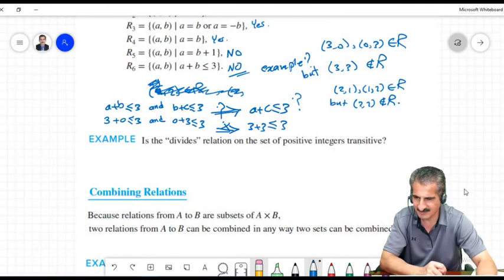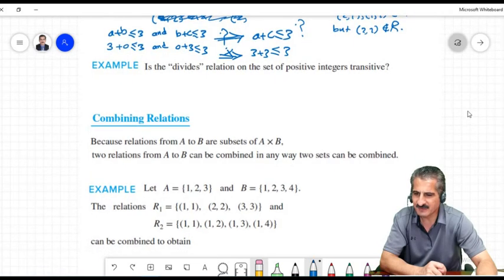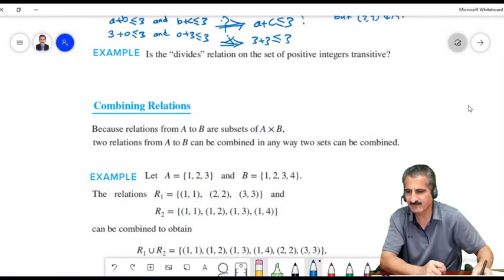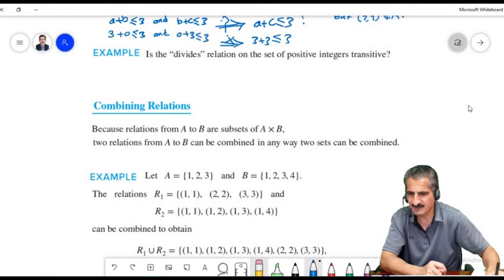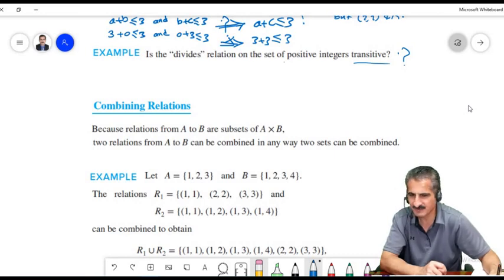So let's slow down. Okay, is the divides relation on the set of positive integers transitive? Is it transitive? Show me your answer. Transitive or not? The set of positive integers, no zero in there.